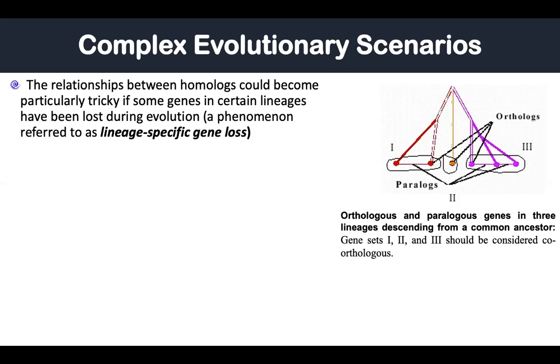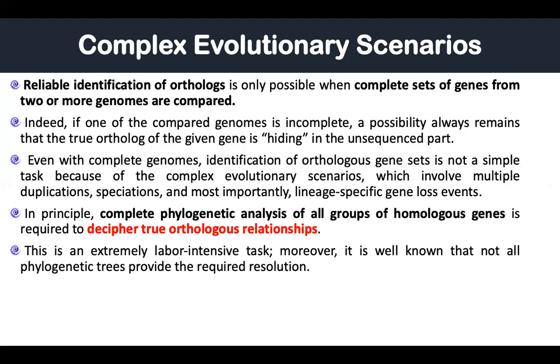Complete genome sequences. You also require genome sequences of closely related species or closely related families in order to really explain how an organism has evolved over the years, right? So reliable identification of orthologs is only possible when you have complete sets of genes from two or more genomes to compare.